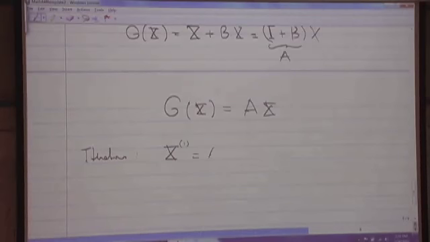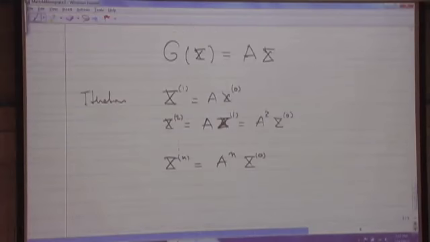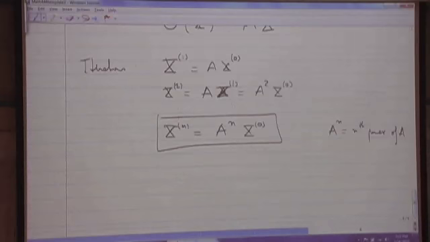What is x1? x1 is A times x0. x2 is A times x1, so it's A squared times x0. So in general, xn is the nth power of this matrix times x0. So this is A^n, the nth power of A.